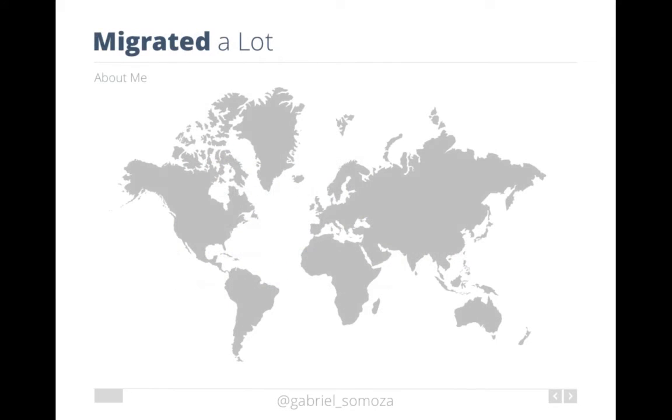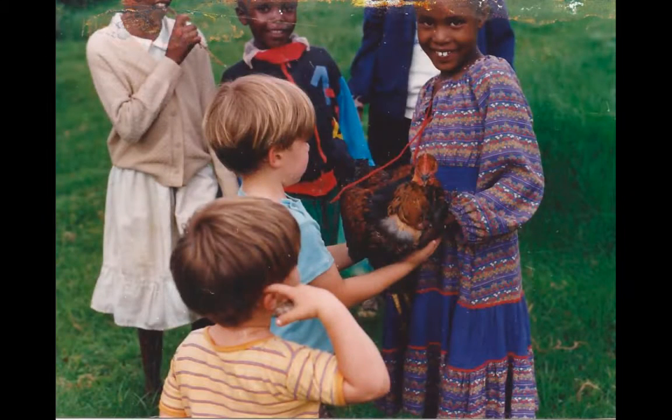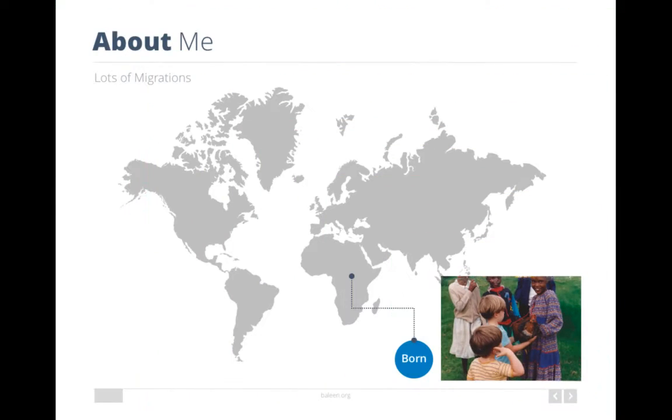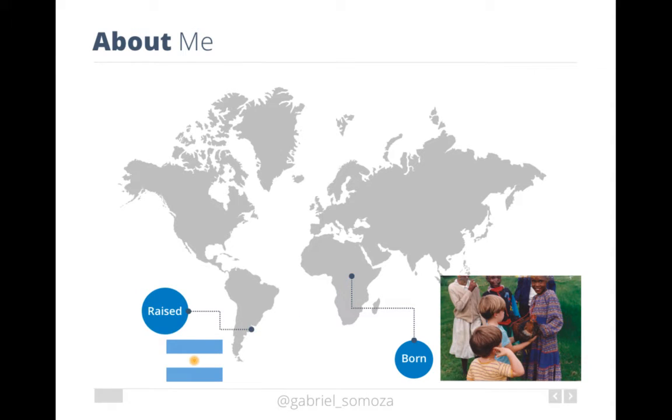I moved around quite a bit. I was born in the Belgian Congo. My parents were doctors there, and that's me with some friends. From there, we went to Argentina when I was about 5, and I was raised and studied there until I was 18.